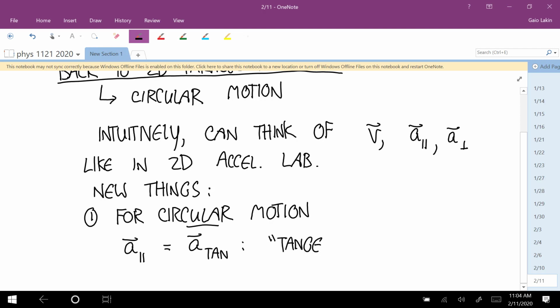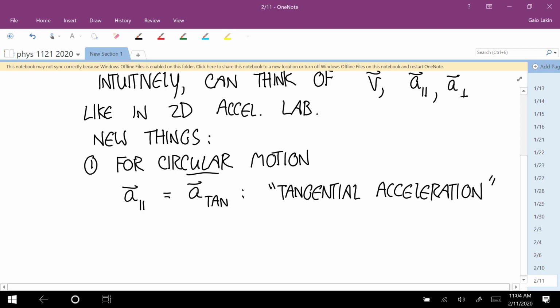Not just me. I didn't make that up. Everybody calls it that. So tangential acceleration. And the tangential acceleration determines whether the object is speeding up or slowing down, just like it did for any other kind of motion.